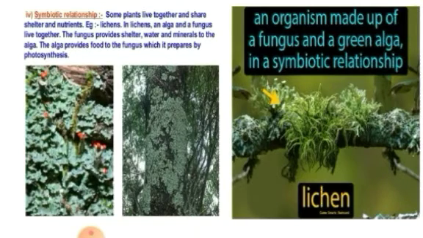Lichen is the name given to the symbiotic relationship between alga and fungi. That means algae and fungi. Now, what is algae? Algae is a group of aquatic organisms that have the ability to conduct photosynthesis. You might have seen ponds with a green grass-like layer on the surface. That is nothing but algae.